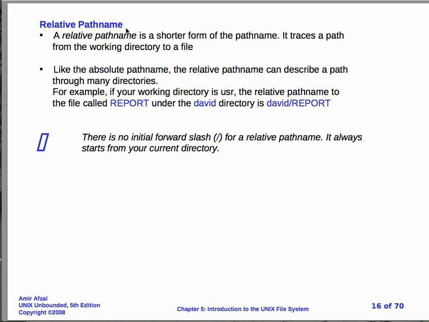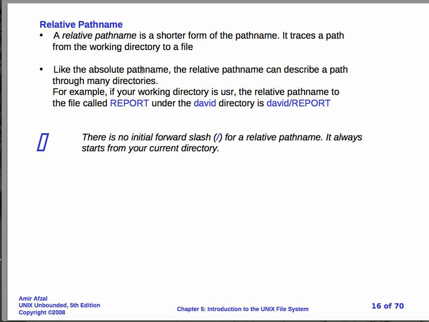Relative path names are shorter and trace a path, and here's the important thing, from the working directory, your current position in the file system, to a file. Okay, so absolute starts from the root. That's why it's called absolute. It's an absolute position. Relative means relative to where you are in the file system, that is, it traces a path from the working directory to a file.